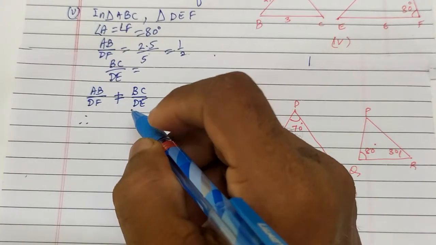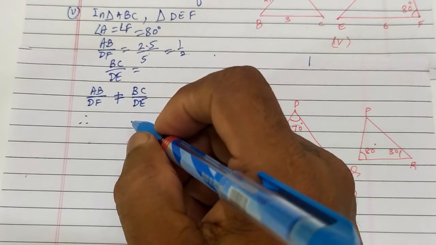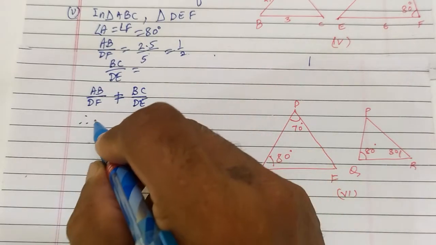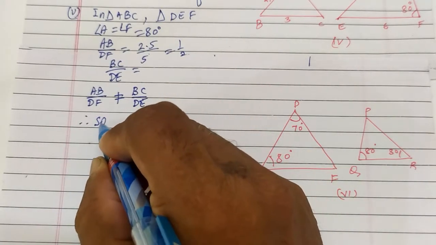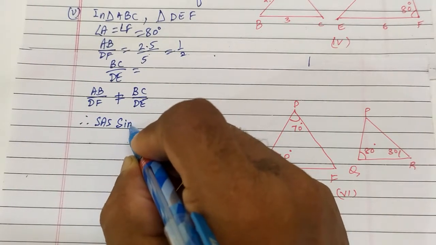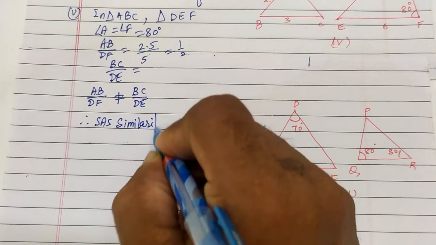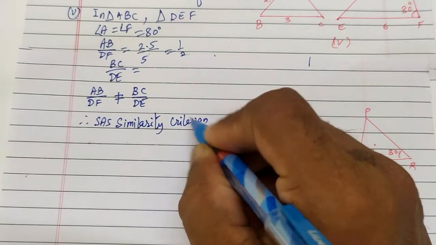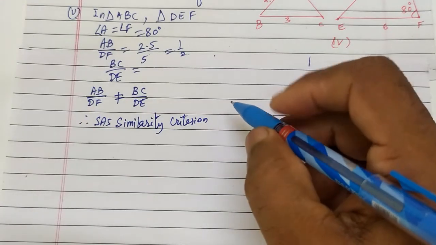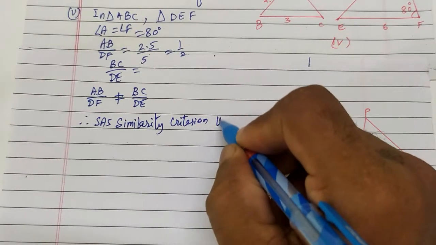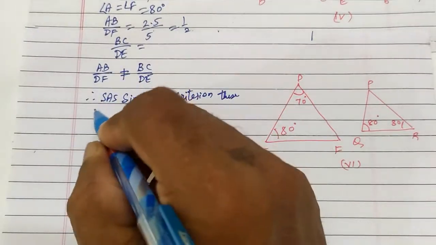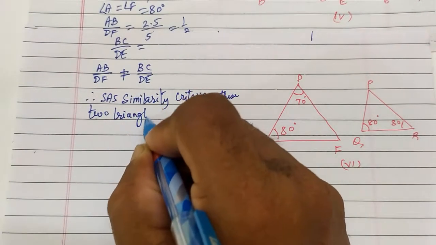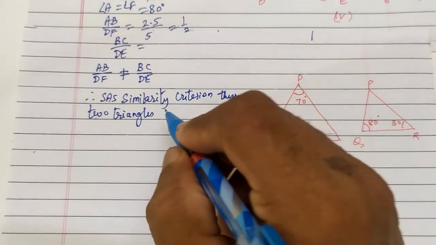Therefore by SAS similarity criterion, these two triangles are not similar.